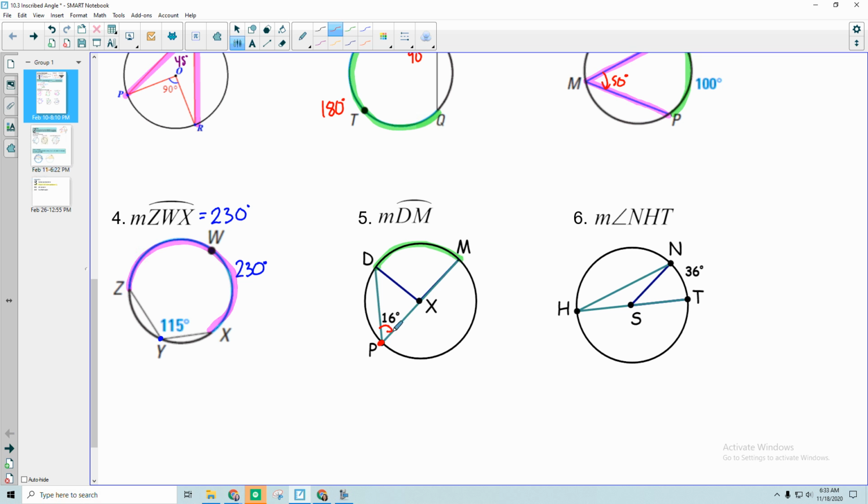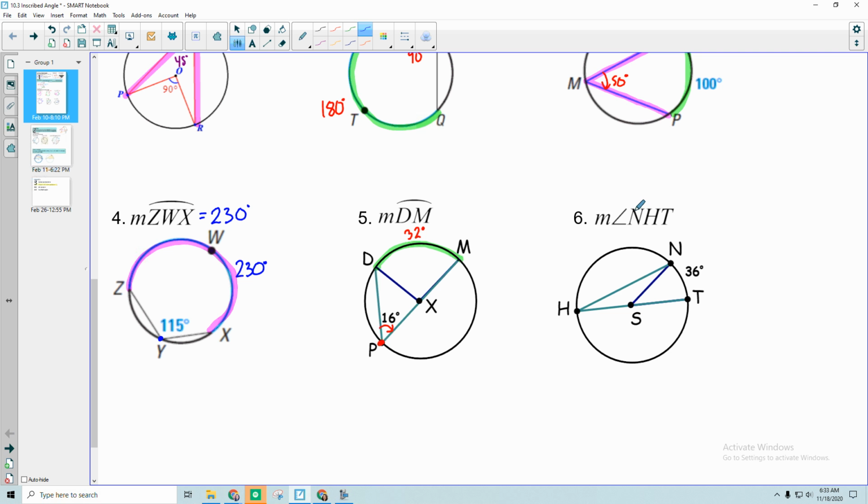Its vertex is on the boundary of the circle. So if this is 16 degrees, that's our inscribed angle, what then is the intercepted arc? Okay, so it should be 32 degrees. So there's my inscribed angle. The arc should be double of what that angle is.